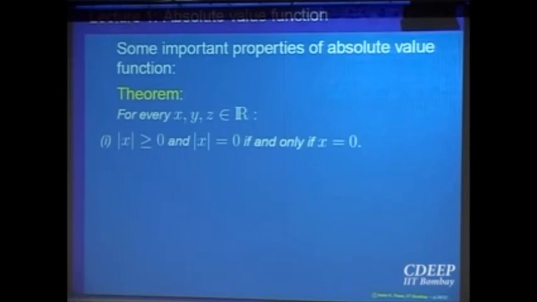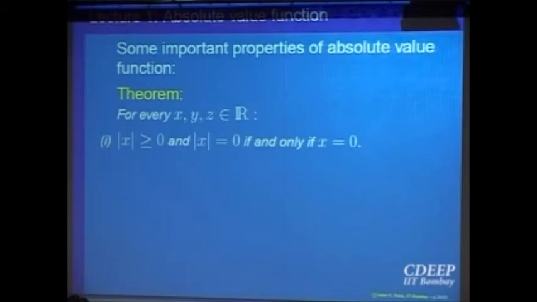You say if P then Q, P implies Q, and if you want to say also Q implies P, then you say P if and only if Q, both ways implication. So it says that absolute value of x is bigger than or equal to 0, it's clear by definition, and it is equal to 0. When is it equal to 0?